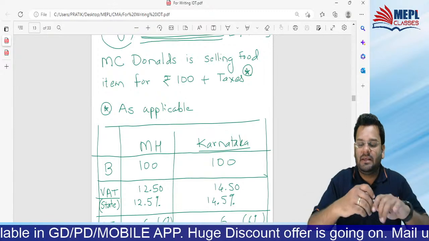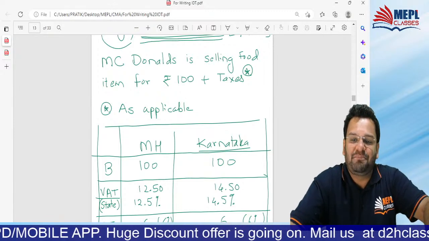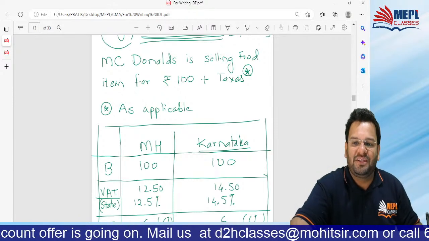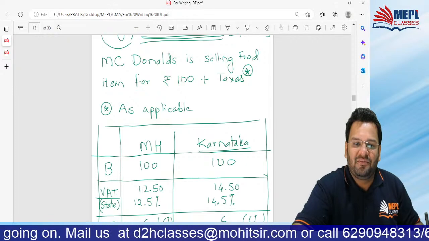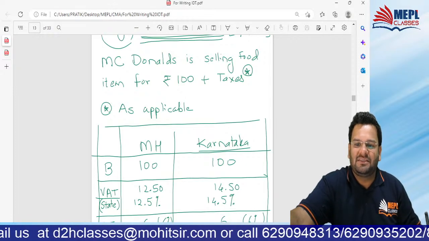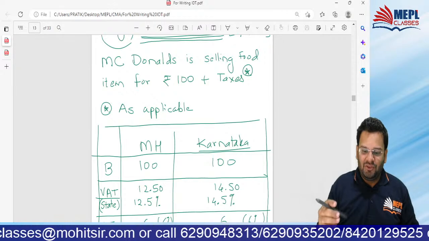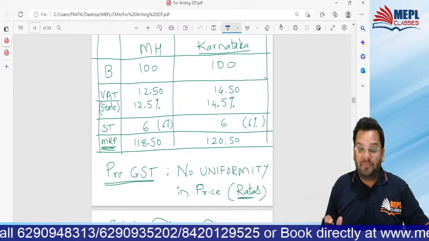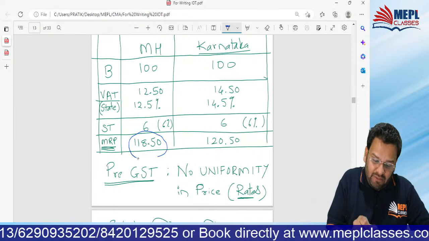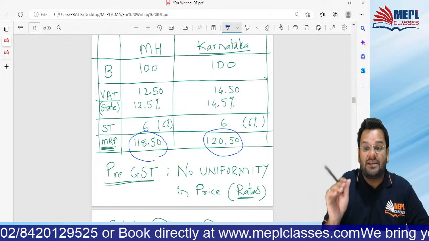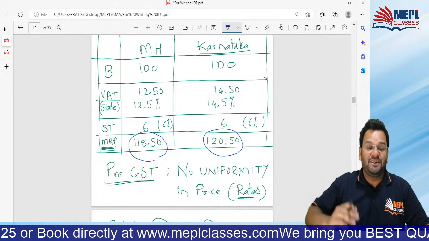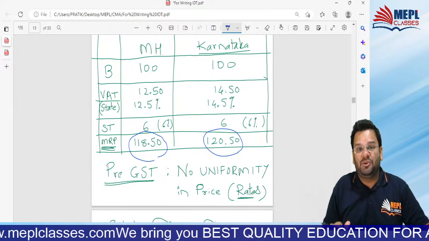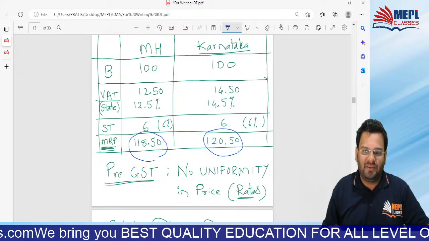The MRP of the item was different in different states, because of differences in the rate of VAT in the states.